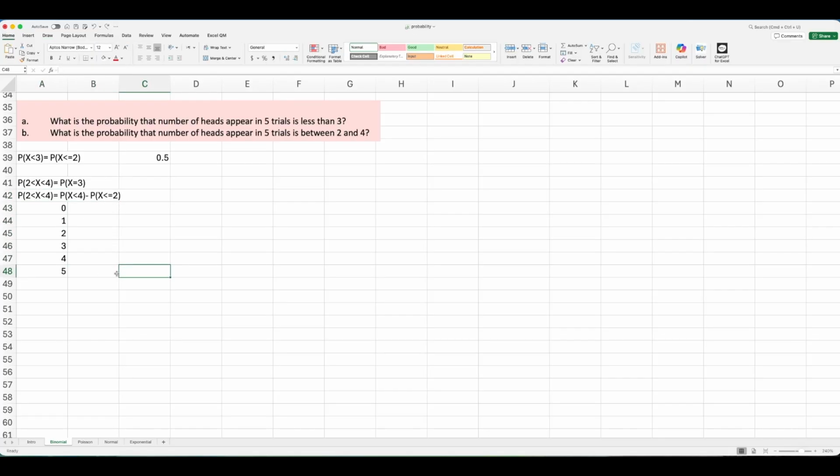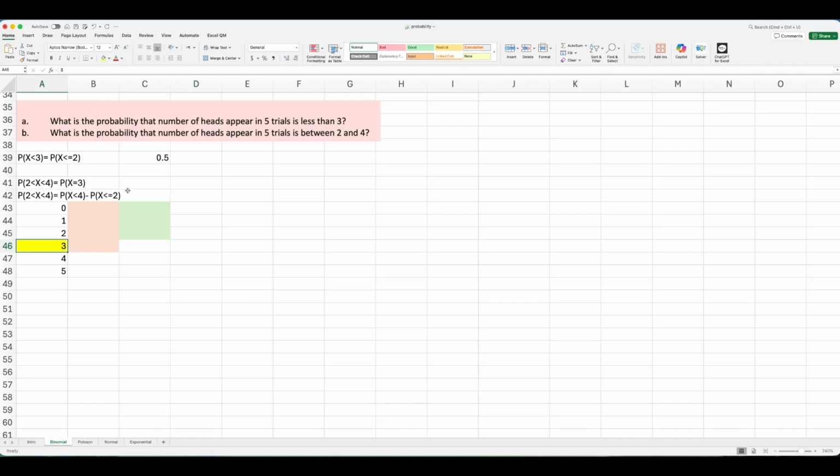So look at here, the probability that x is less than 4 is this number. Let me highlight this. Less than 4 but not including 4 is this orange area. Less than equal to 2 is this area.